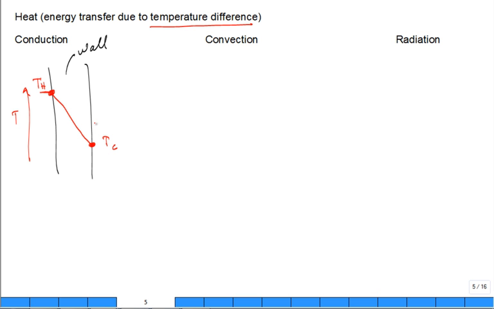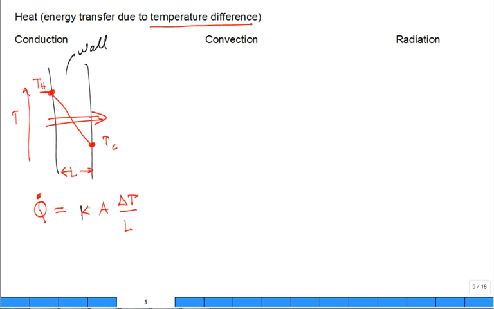Temperature profile is linear. You're going to have the flow of heat, Q, is equal to K times area times change in temperature over the length. This would be some length like that. And this is a rate of heat transfer, so there's a Q dot.